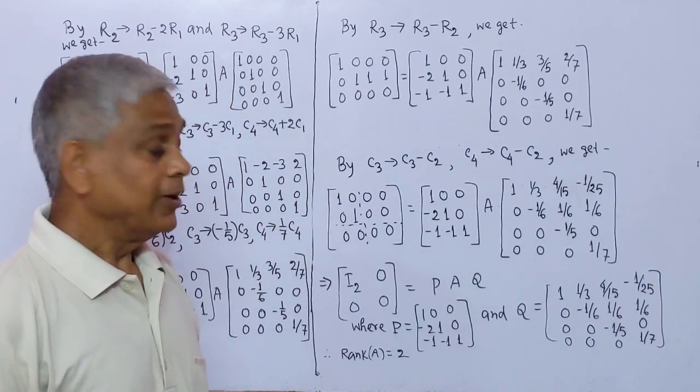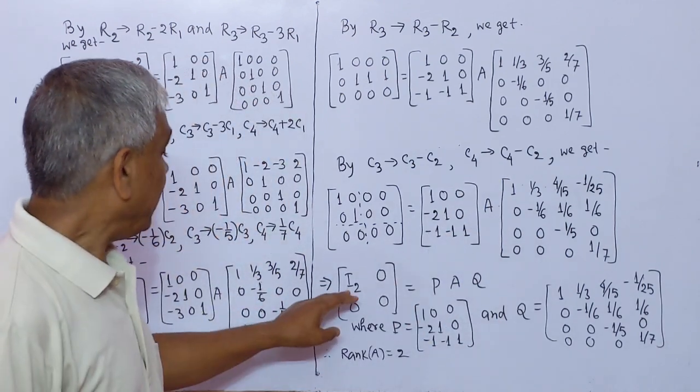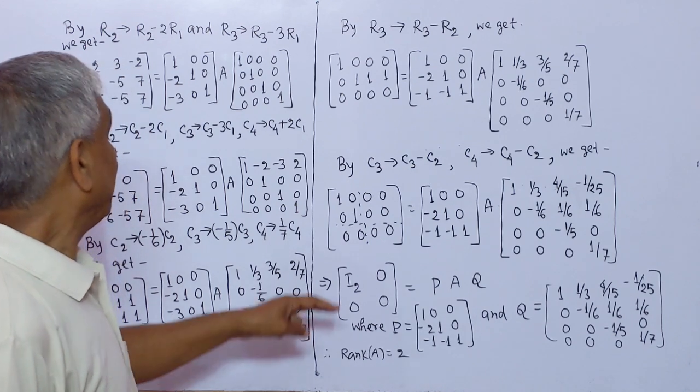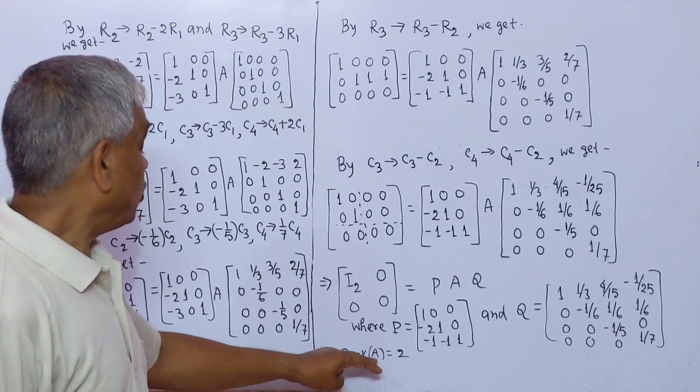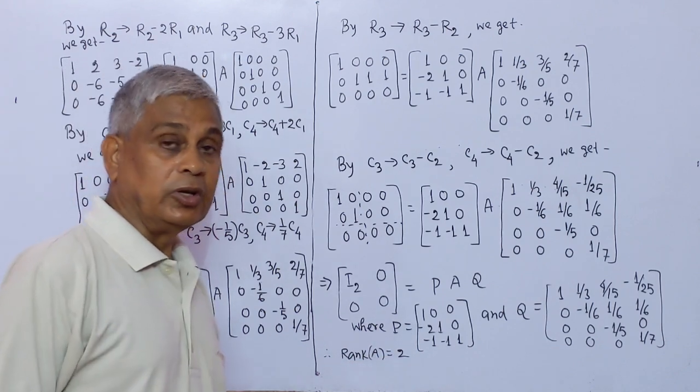So we find P and Q. Here this I2 represents that matrix A is of rank 2, that is, rank of A equal to 2.